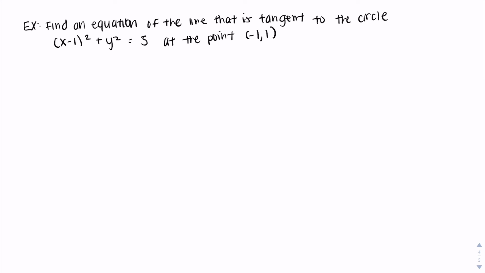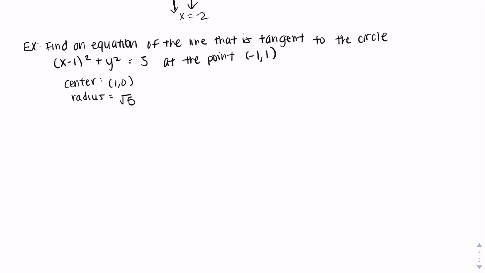So from here, you can tell that the center of the circle is equal to 1 and 0. And the radius is equal to the radical of 5. So you want to find the slope of the line that passes through the point negative 1 and 1, and the center 1 and 0.